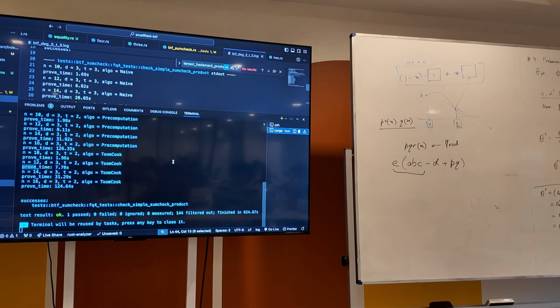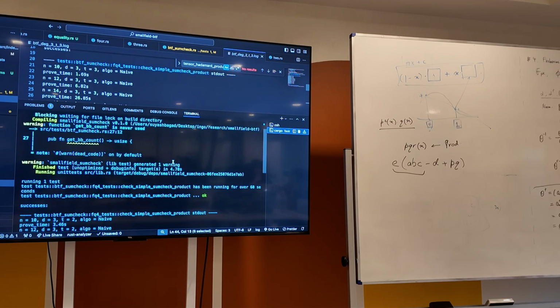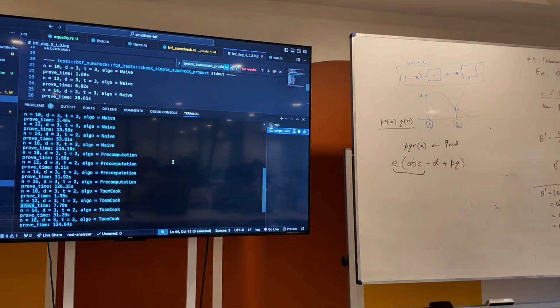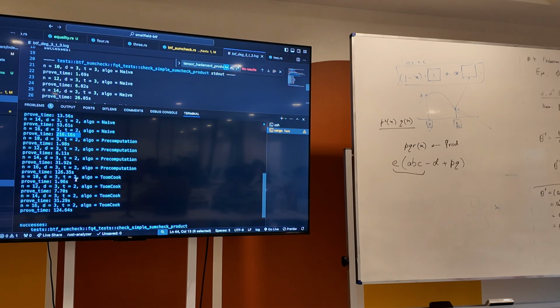Yes, exactly. We have not even thought about leveraging parallelism for this proof of concept. I think it did run. The naive algorithm takes 216 seconds, so the improvement here is like 2x or less than 2x.